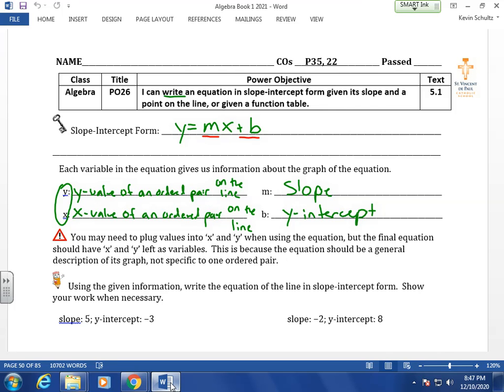Okay, so there are 4 different types that we're going to talk about. Of course, you know that your test is coming up. You'll have 4 questions on PO26, 1 of each of these 4 types, so there are 4 sections here. The test will be next week. Kind of the schedule going forward, we're going to cover CO27 on Monday. Tuesday and Wednesday will be review days, and then Thursday is going to be the test.